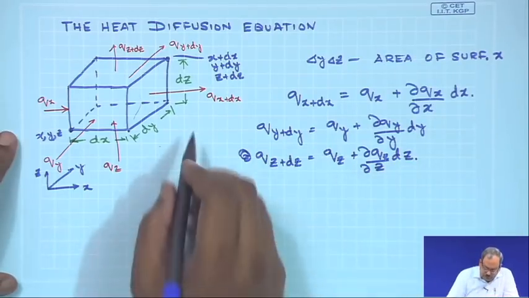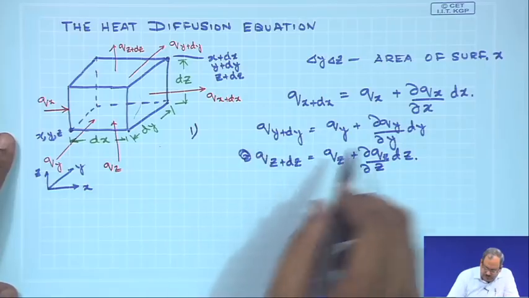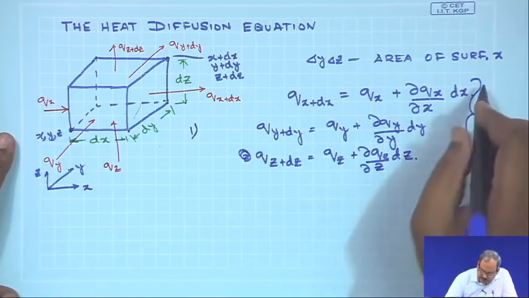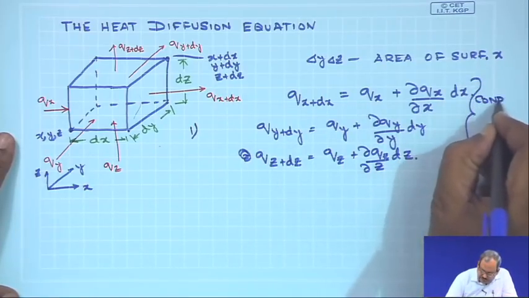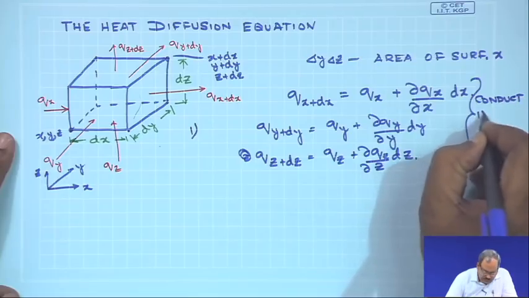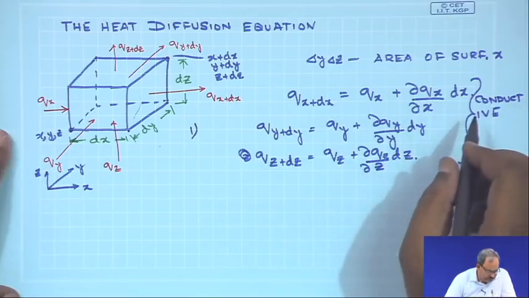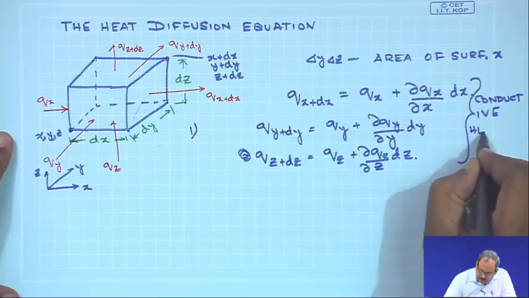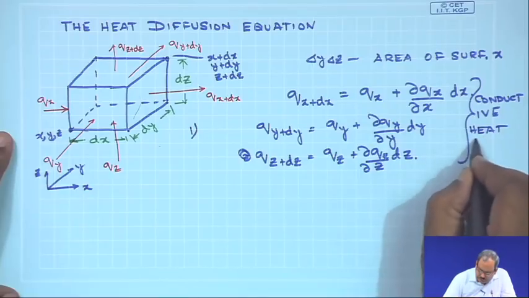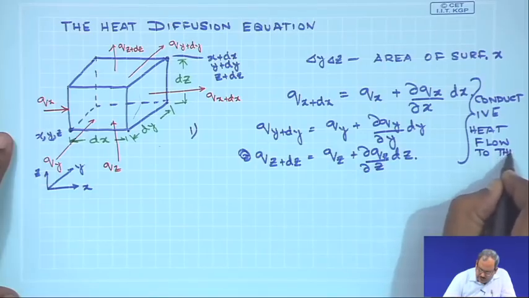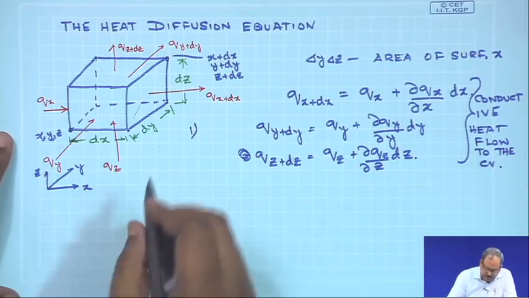Okay. So, this is the first thing, which are essentially the conductive heat flow to the control volume.